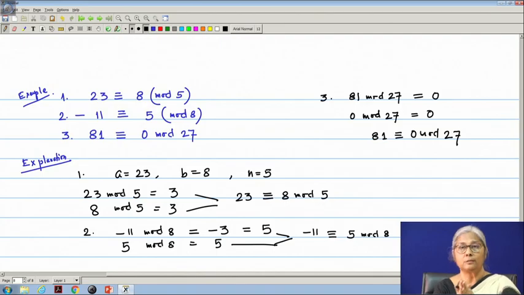So, congruence is actually one property of modular arithmetic. These are some of the basic properties of modular arithmetic, and again we will see some examples or other modular properties, particularly addition and multiplication.